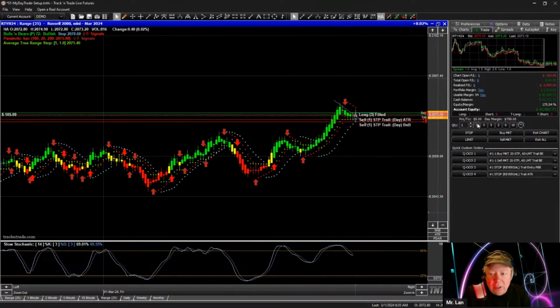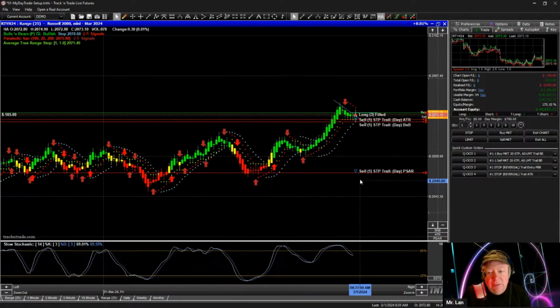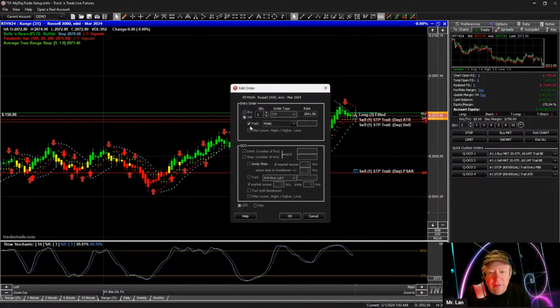And then we throw stop 1, and we're going to drop it, edit, on the parabolic SAR. So you got 3 different, that one's not there yet, so it won't trail. So we'll have to put that one on. For now, we'll put it on the more aggressive one. Yes, ATR.